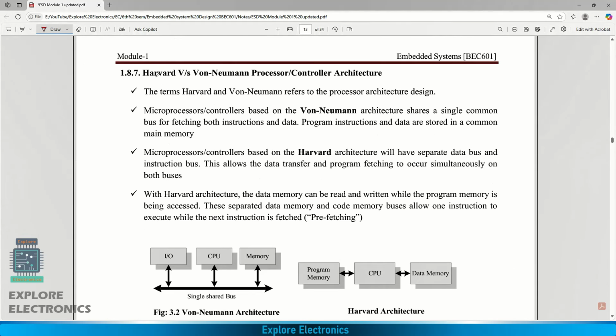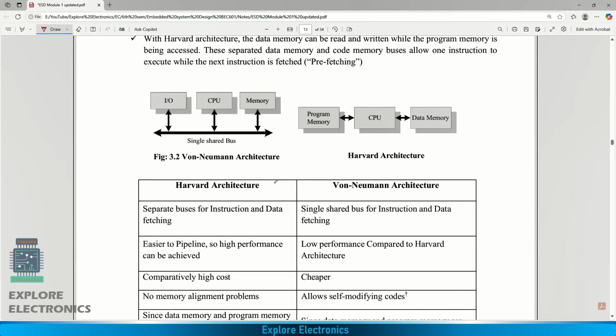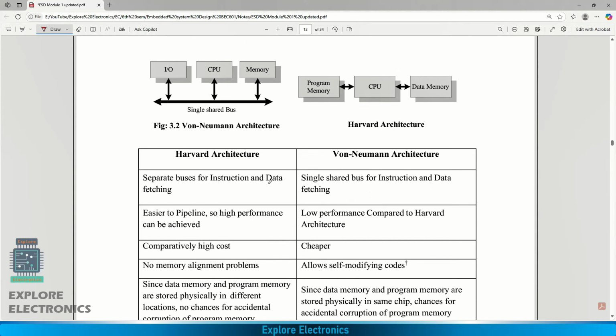Then what are Harvard and Von Neumann architectures with respect to the processor or controller? Let us directly see the diagram, then we will understand. There will be a CPU, always a memory, and input and output ports to connect sensors and actuators. In the Von Neumann architecture of a processor, there is a single shared bus to connect all of them.